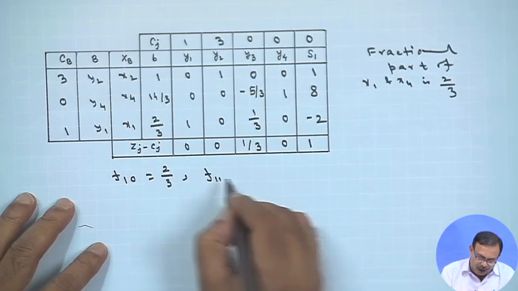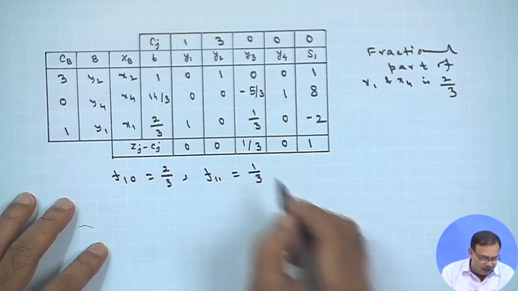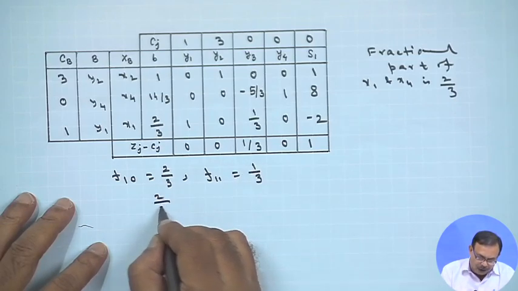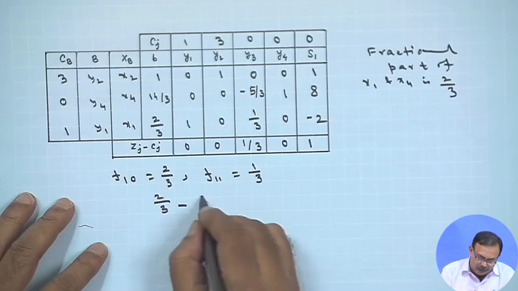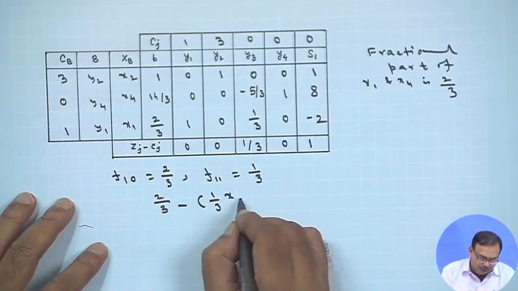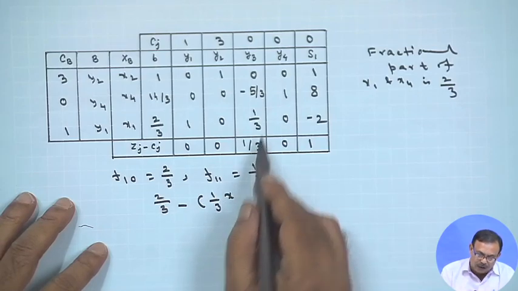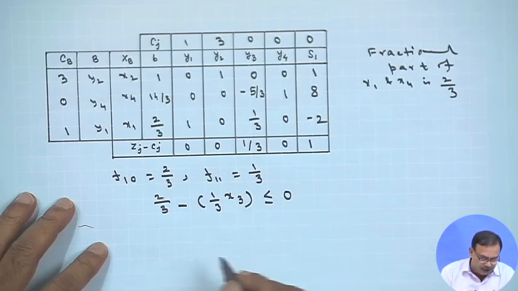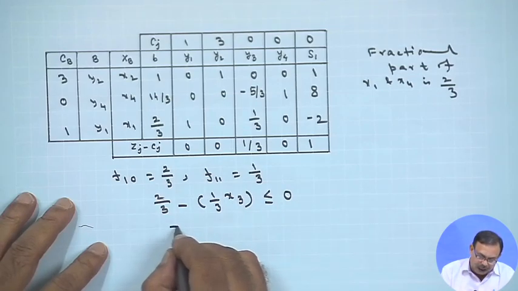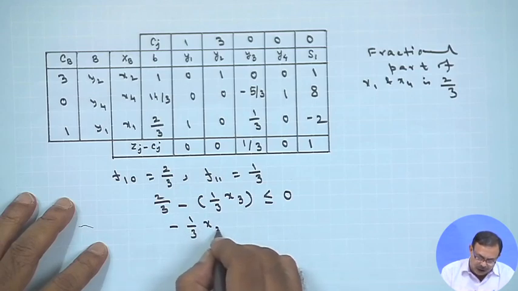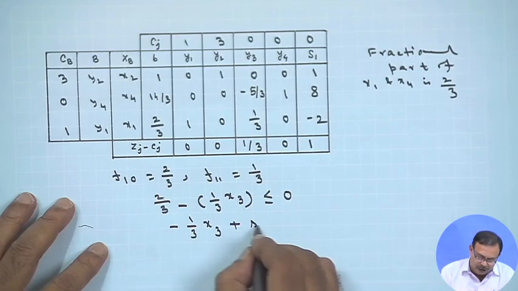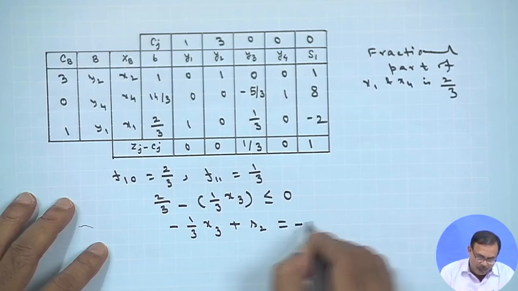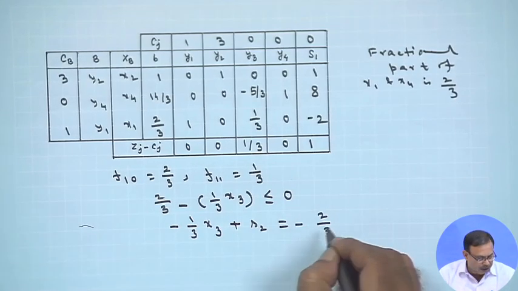So, f11 will be equals to 1/3. Therefore, your inequality will be 2/3 minus 1/3 x3 less than equals 0, or I can write minus 1/3 x3 plus s2 equals minus 2 by 3.